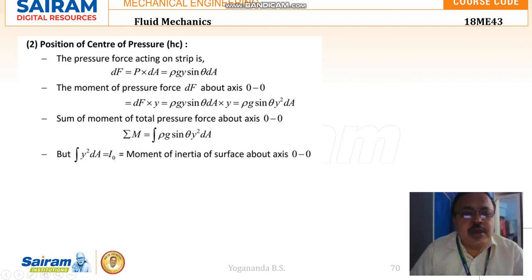This is the moment of one single force. Now the moment of total pressure is given by integrating this expression, giving the sum of the moments. Taking this integration of dA y square as the moment of inertia, area into distance square, the integration of dA y square is IO about the axis OO.